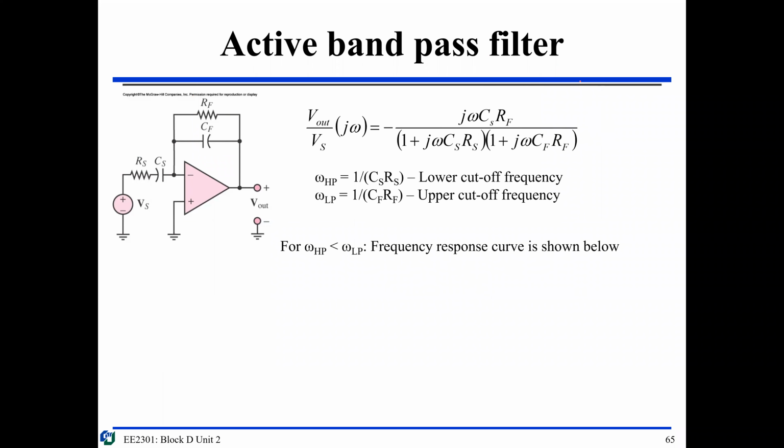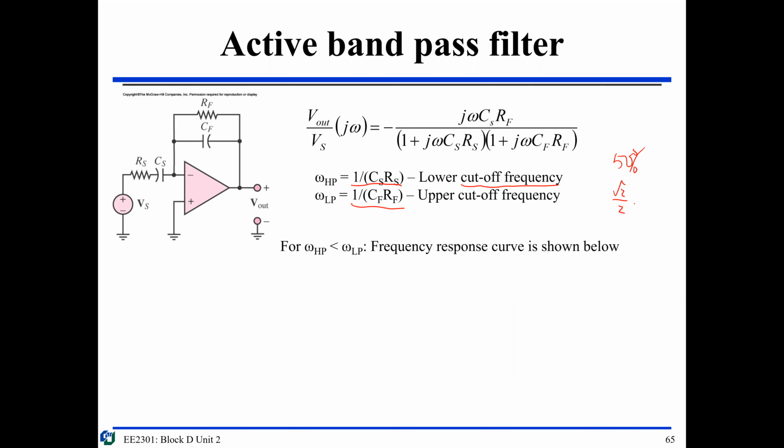You end up with something like this. So then you have omega high pass, this is a frequency, and omega low pass. It's called the cutoff frequency. I already explained what cutoff is. When you have a 50% reduction of the signal power, the magnitude is the square root of 2 divided by 2.